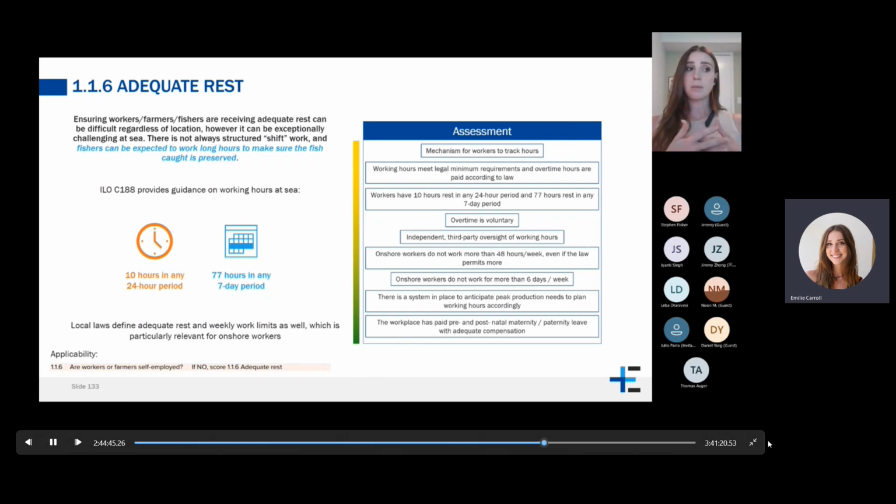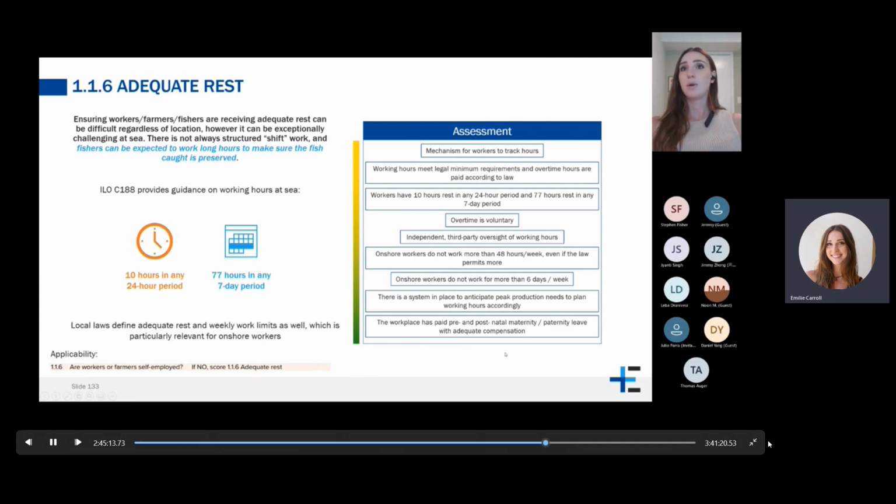So there should be some kind of proactive means to assess: how are we doing? How are our workers doing during these peak times? Do we feel like we're adequately staffed? This falls, if you look at the systems approach, once again, in the effectiveness category. So it's about managing and looking at how you're doing in relation to working hours.